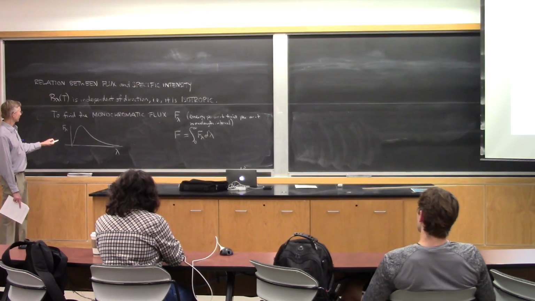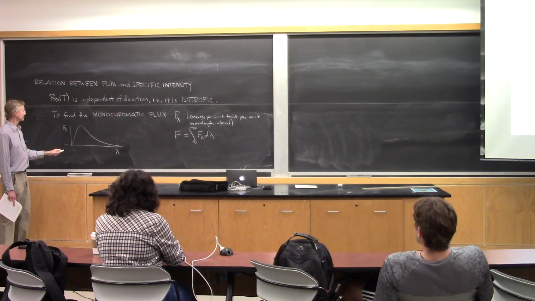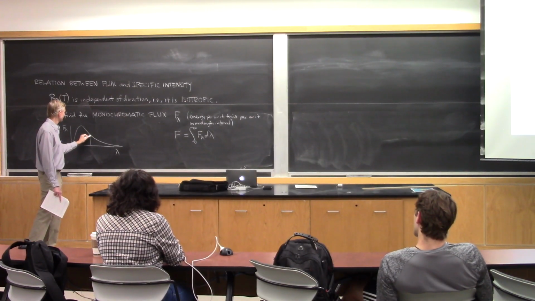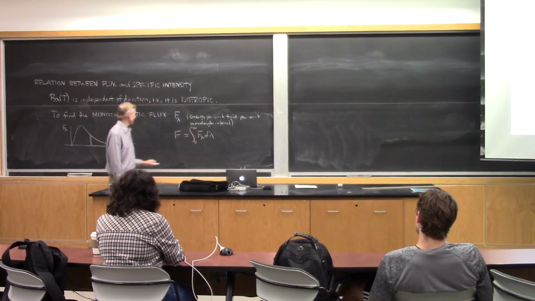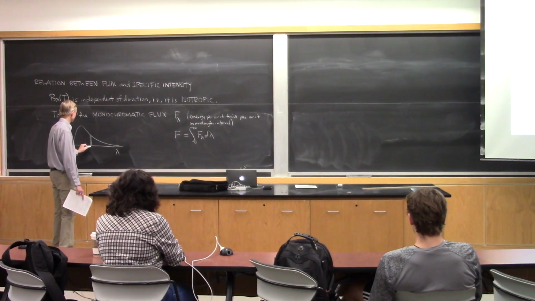So we're looking for an expression for F lambda in terms of B lambda, and the total flux from the surface is the integral of F lambda d lambda. In other words, here's a little wavelength interval, d lambda.